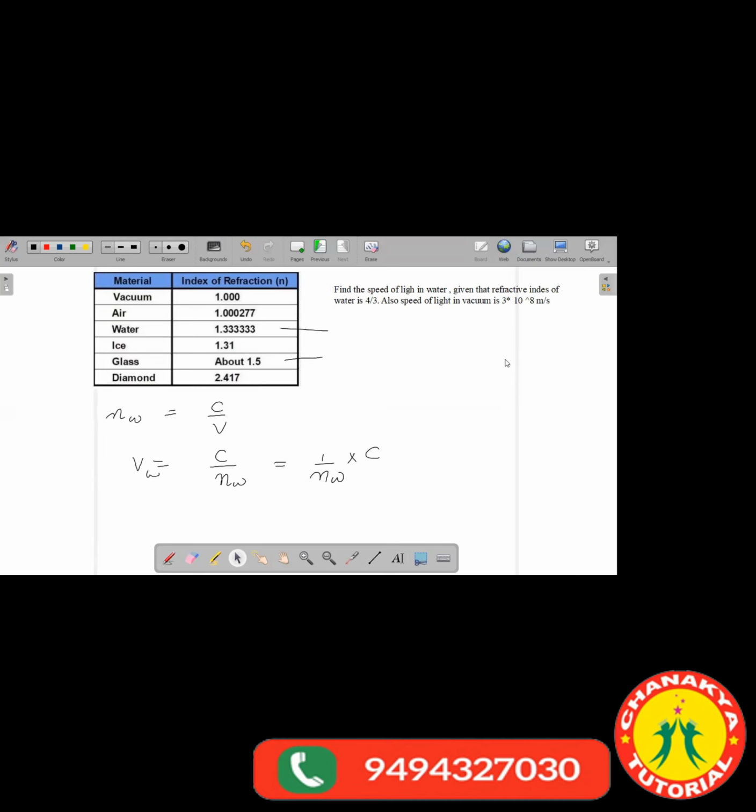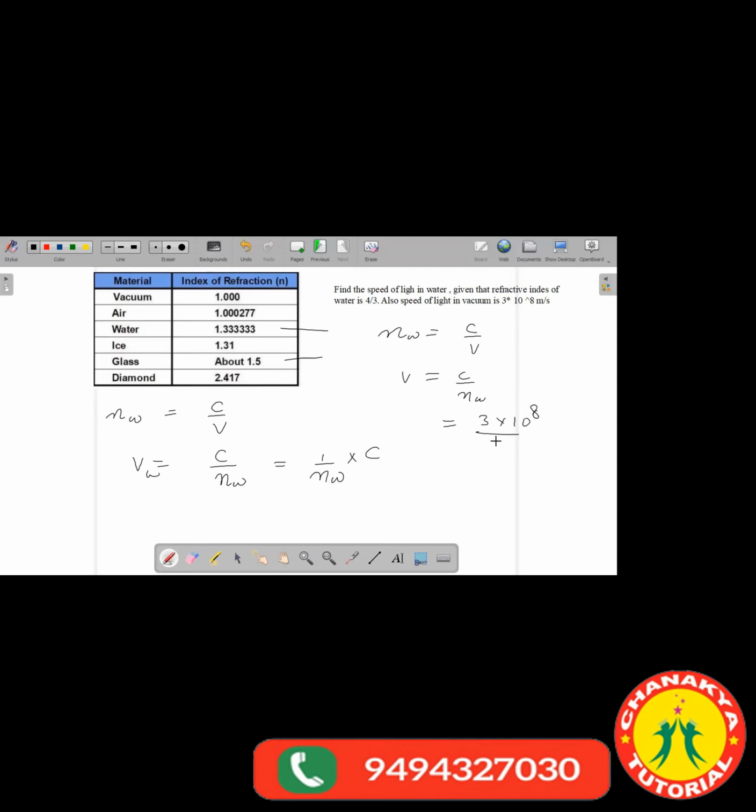Okay. So we will use the formula of refractive index here. The refractive index of water should be equal to C by V. We are supposed to find V, so V will be equal to C by refractive index. The value of C is 3 times 10 to the power 8, divided by the refractive index.